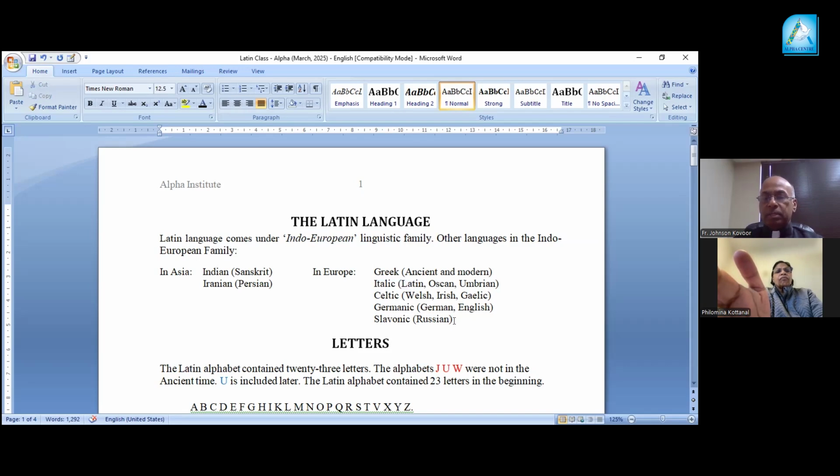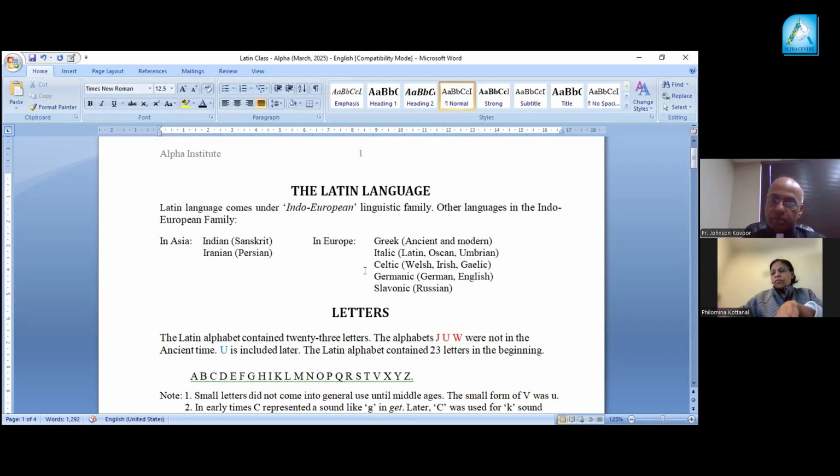Since it is an Indo-European language, the Latin alphabet is taken into the English language because they belong to the same family. You will see English as a language under Germanic. So all these have the common alphabet, which is followed in English also.